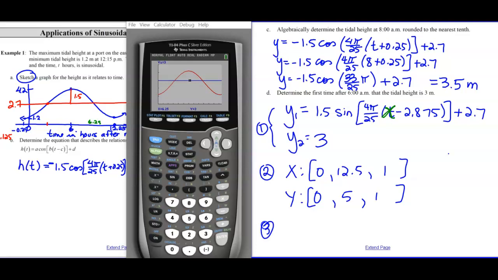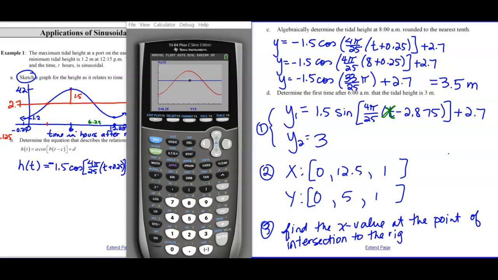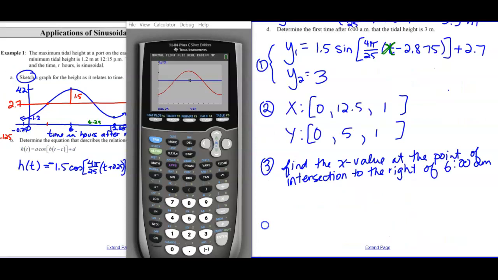So using x and y, then find the x value at the point of intersection to the right of 6 a.m. Okay, so now second trace intersect, enter, enter, enter.